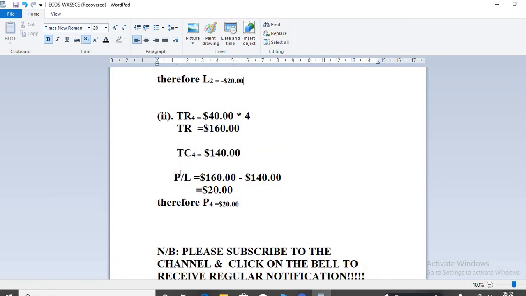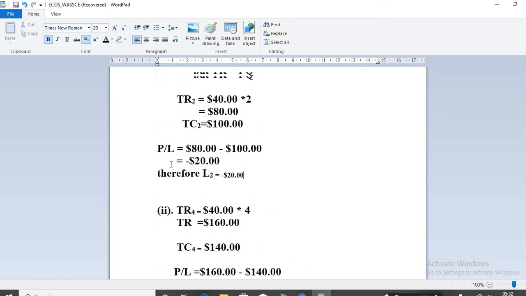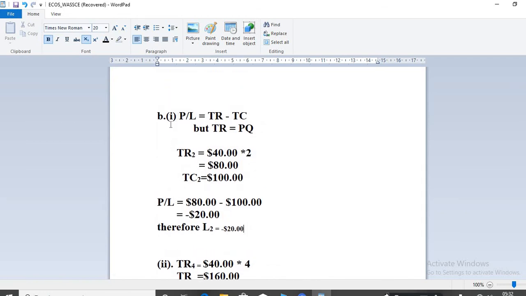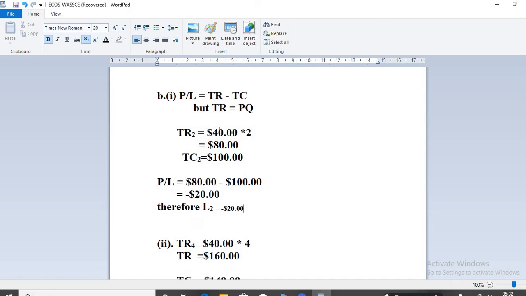Question B has to do with the determination of profit or loss. The formula for profit or loss is equal to total revenue less total cost. Whenever total revenue is greater than total cost, we are getting profit, but if total cost is greater than total revenue, we are getting a loss.